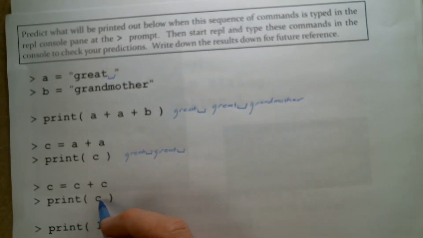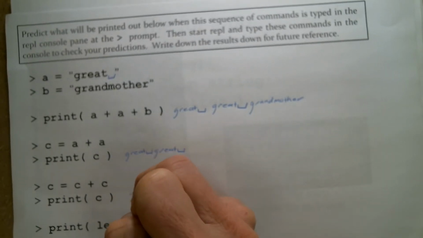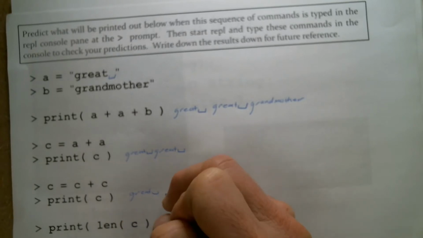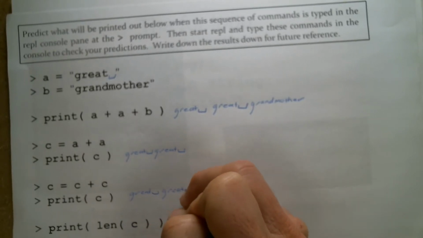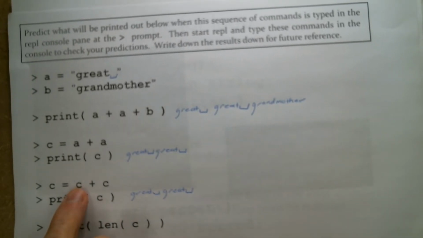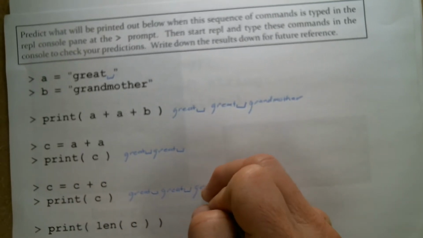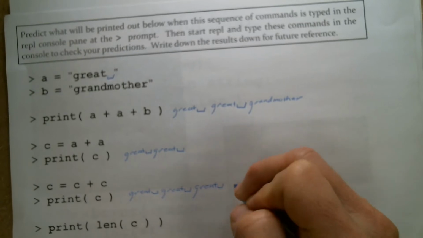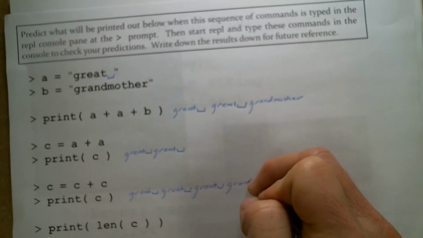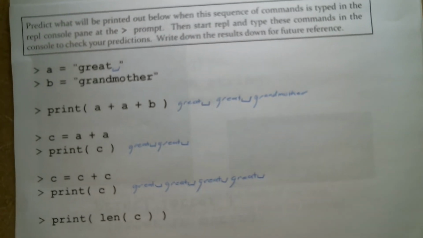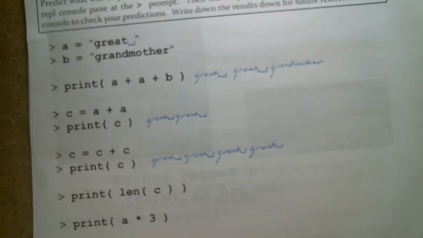All right. So when we do C equals C plus C, we're basically saying great, great plus great, great. So if we print out our new C, it's now going to be great with a space, great with a space. And again, because that space is there, there is still going to be that space between the next great with a space and then a great and a final space there, even though technically we're not going to see it when it prints out to the screen. It is there.